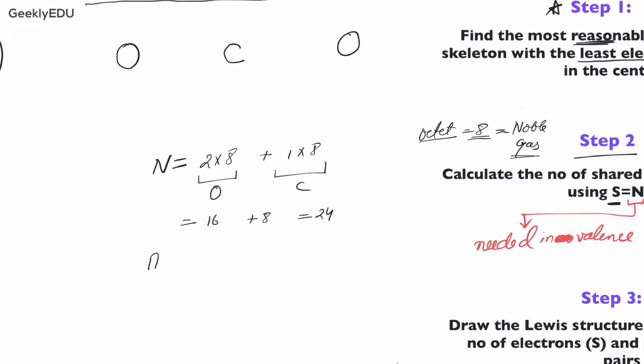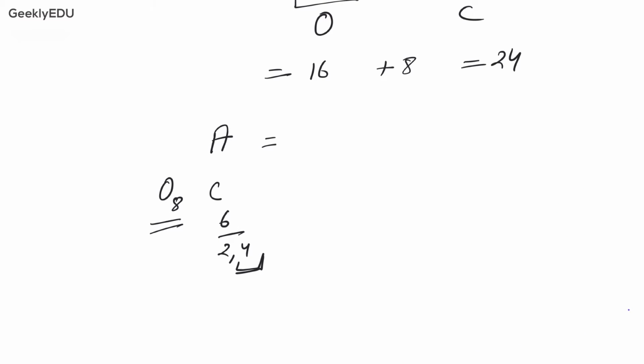Now we need to calculate A, the available number of electrons. If you remember, the atomic number of oxygen is 8 and that of carbon is 6. So 6 goes to 2, 4, and the valence shell electron count is 4. 8 goes to 2, 6, and the valence shell electron count is 6.